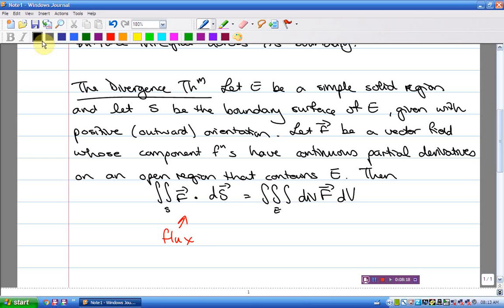So if you're asked to work out the flux through a surface, you sometimes have recourse to the divergence theorem, and that'll be somewhere in the flux decision tree. If you look at page 11, what we're doing today is the top box on the right. Is your surface closed?